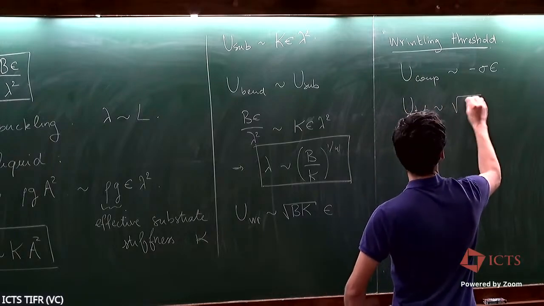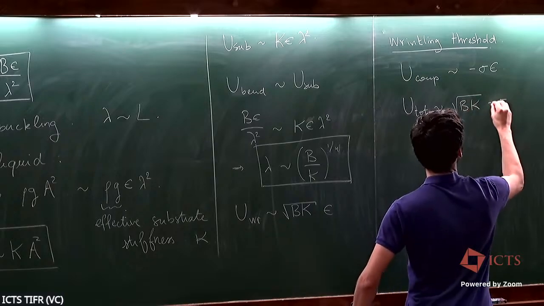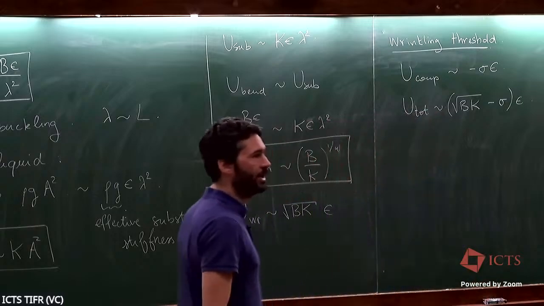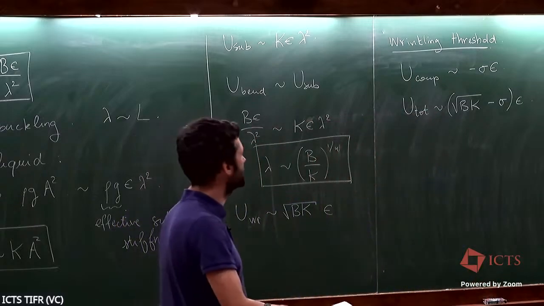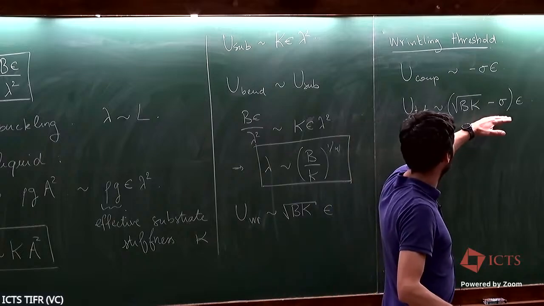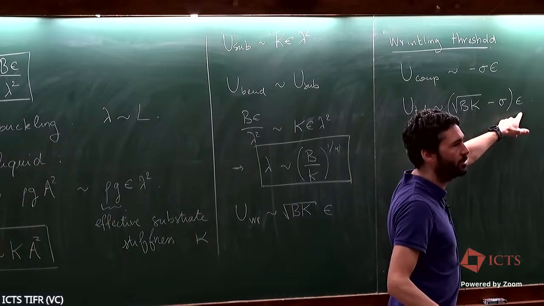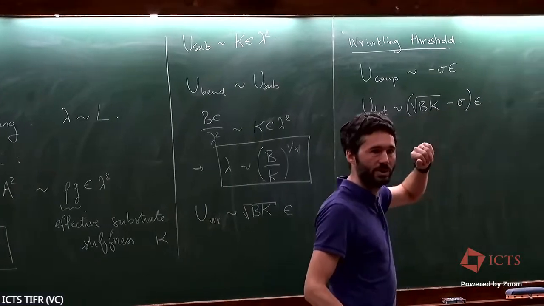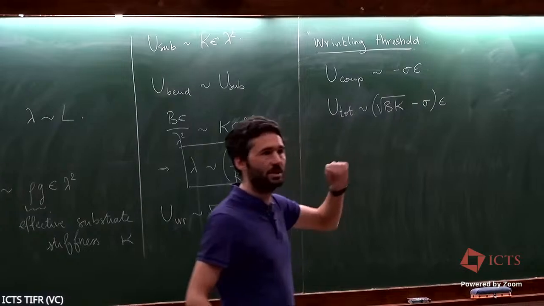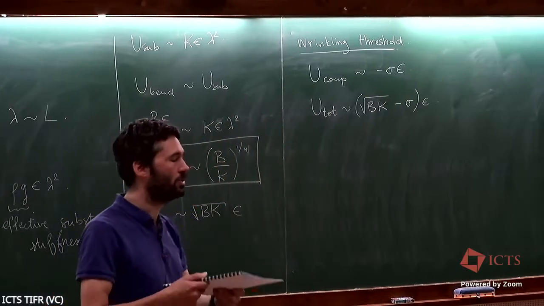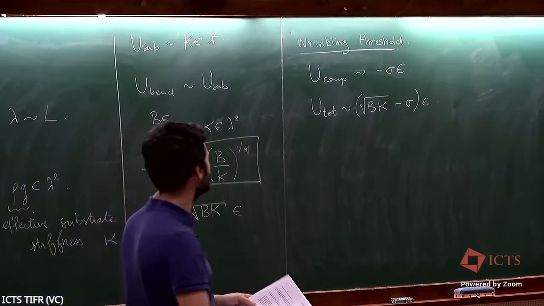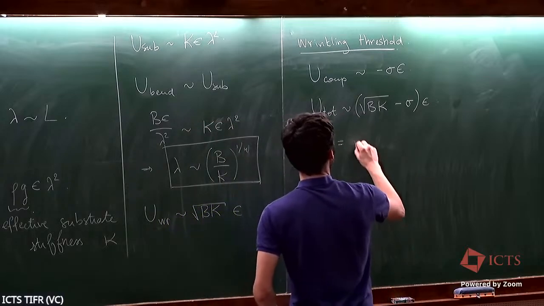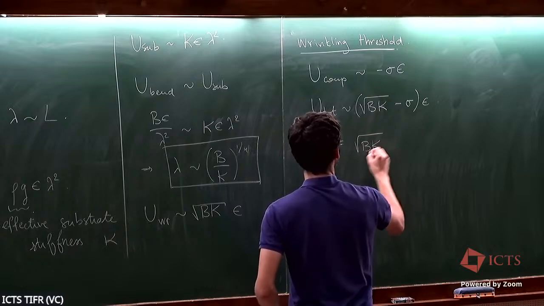So you have square root of BK minus sigma, which is the compressive stress, times epsilon. And epsilon here cannot be negative. So as soon as the prefactor is negative, then epsilon will increase. And since it depends linearly on epsilon, you do not know how far it gets, but you still have the threshold. So the critical sigma is square root of BK.